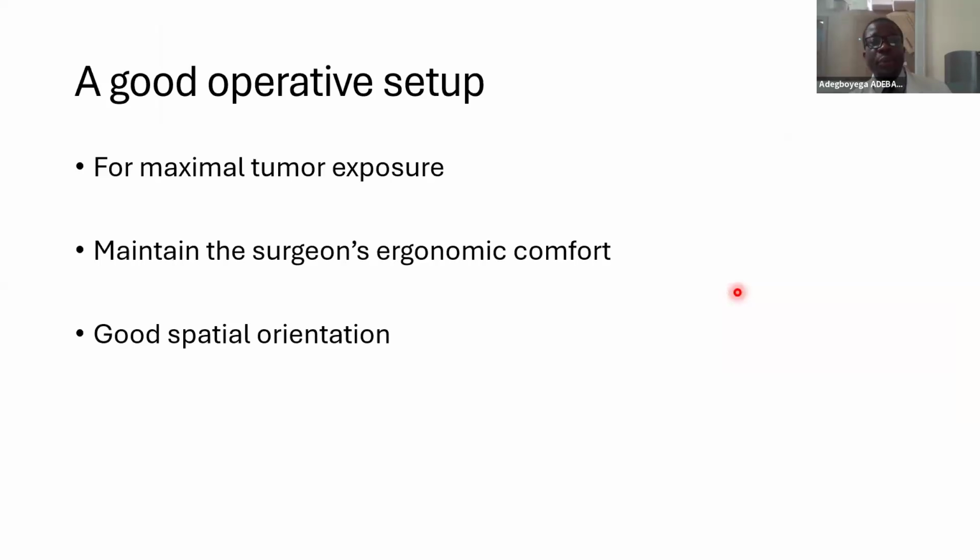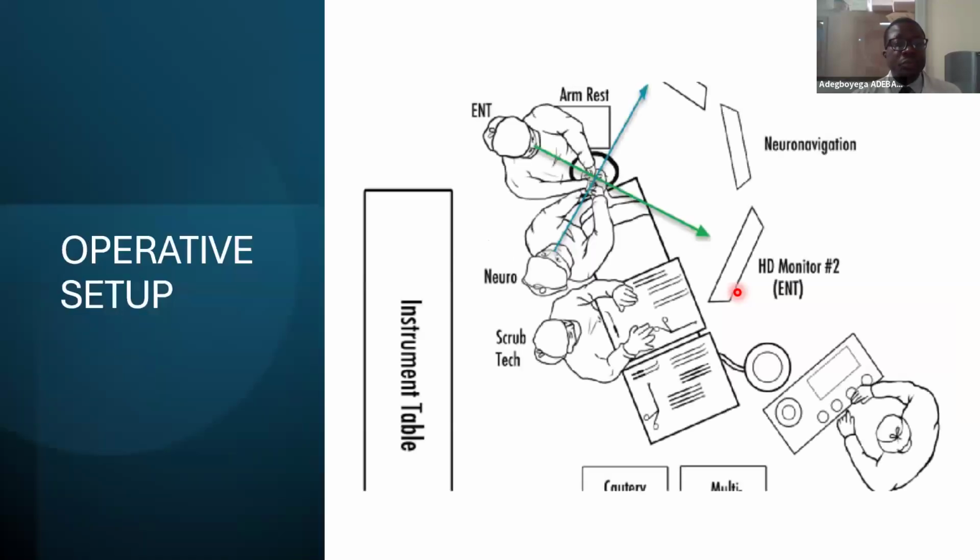A good preoperative setup will afford the surgeon maximum tumor exposure and also maintain good surgeon ergonomic comfort and spatial orientation. This picture displays a typical theater setup when about to carry out an endoscopic endonasal transsphenoidal surgery.